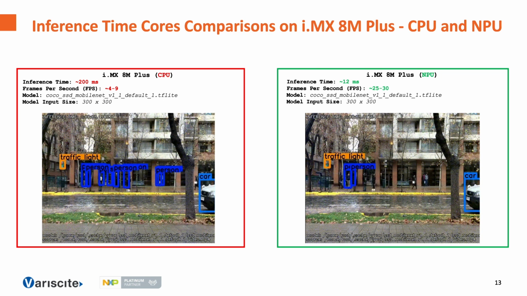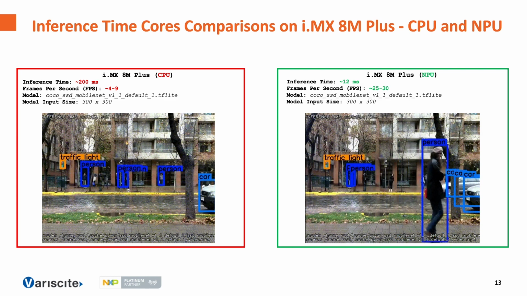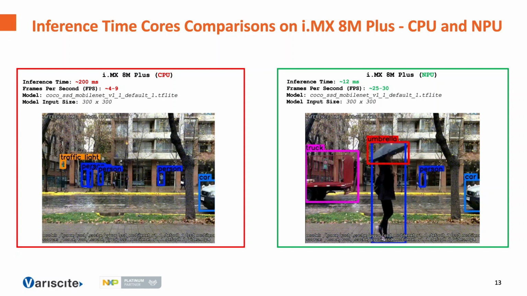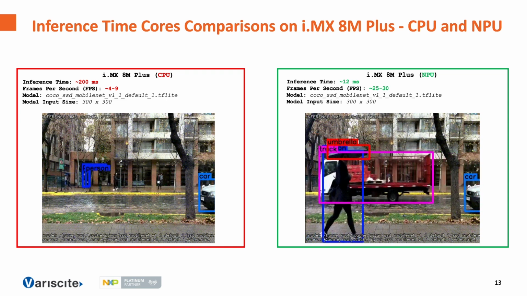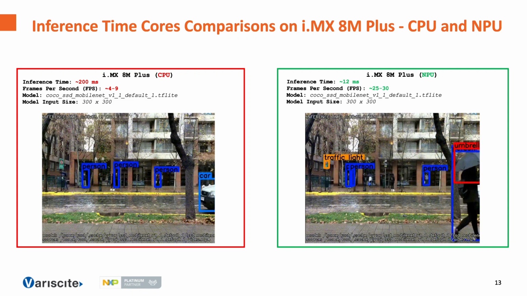On the green box, we have the NPU running the same model, the same input size, and the inference time is just 12 milliseconds, which gives us frames per second around 25, 30, which is way nicer. We can run the video way faster, as we can see here.